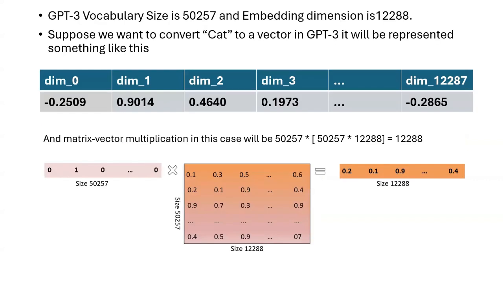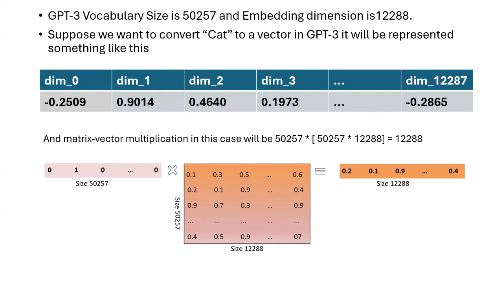For GPT-3, the vocabulary size is 50,257 and the embedding dimension is 12,288. Suppose we want to convert cat to a vector in GPT-3. It will have 12,288 values, or features. And since it has so many vocabulary entries, how does this matrix multiplication work?